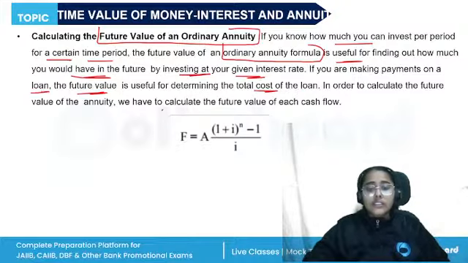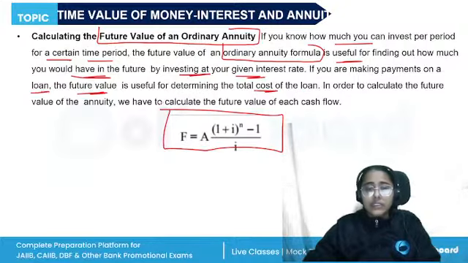So this is the formula. This is the formula for calculating the future value of ordinary annuity, where F is the future value of the annuity, A is the annuity, I is the interest rate, and N again is the term. Right?